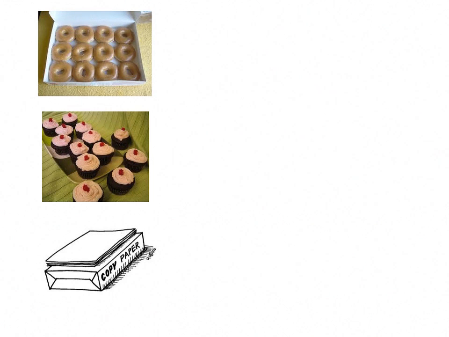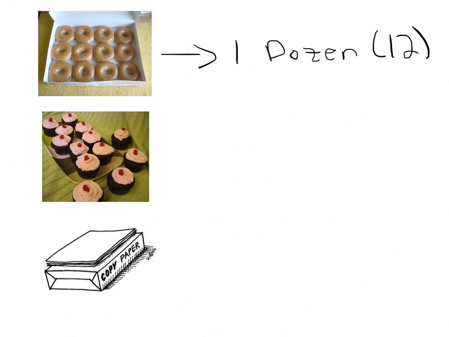Don't be thrown off by this. We already use words to represent numbers, right? 12 donuts, or 12 of anything, is 1 dozen. A dozen roses, a dozen donuts. We hear dozen, we think 12. If you count this up, there are actually 13 cupcakes here.